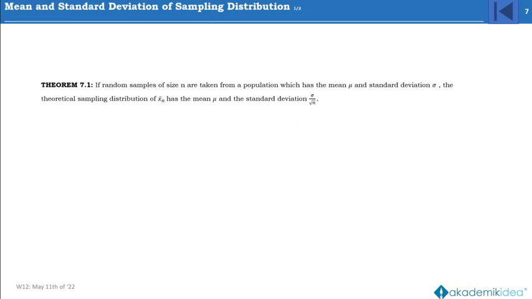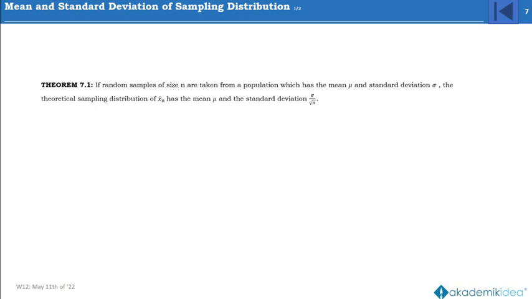One aspect of this theorem which should not be surprising is that the mean of the theoretical sampling distribution of x bars equals the mean of the population. In our illustration, the mean of the 50 sample means was 68.032, while the mean of the population was 68.